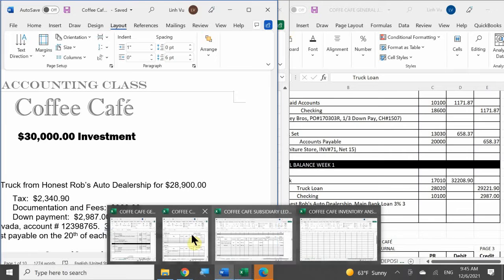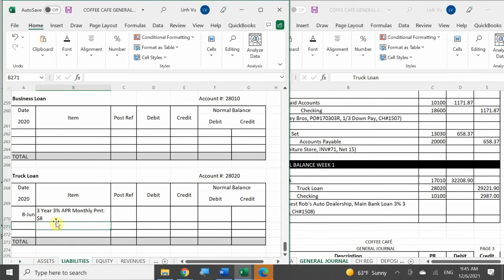That's your monthly payment. And there you go. Post reference. We are still on the second one, and this time, because it's what we owe, it's credited in our journal. So it's going to be here as a credit for $29,221.90, on the credit side.